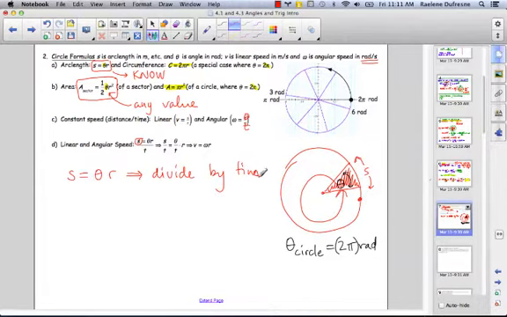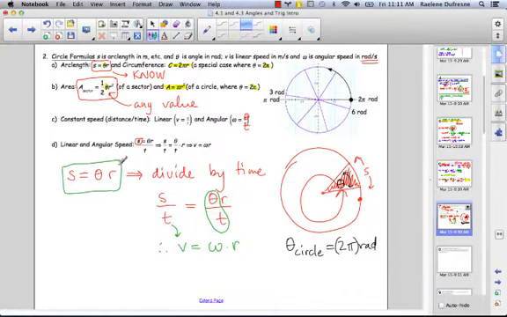When we divide by time, we see that s divided by t equals theta r divided by t, and we can separate the theta r over t to just be theta divided by t, times r. s divided by t is v, theta divided by t is omega, and times r. So we have a very similar relationship between the linear and the angular distances and the linear and the angular speeds. So we'll talk more about this in the exercises.